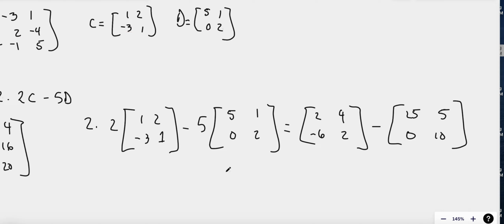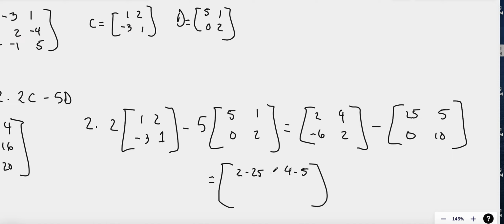And now we have this subtraction. I don't know why, but I like to just write each of the subtractions. If you can do it in your head, that's actually faster and better.